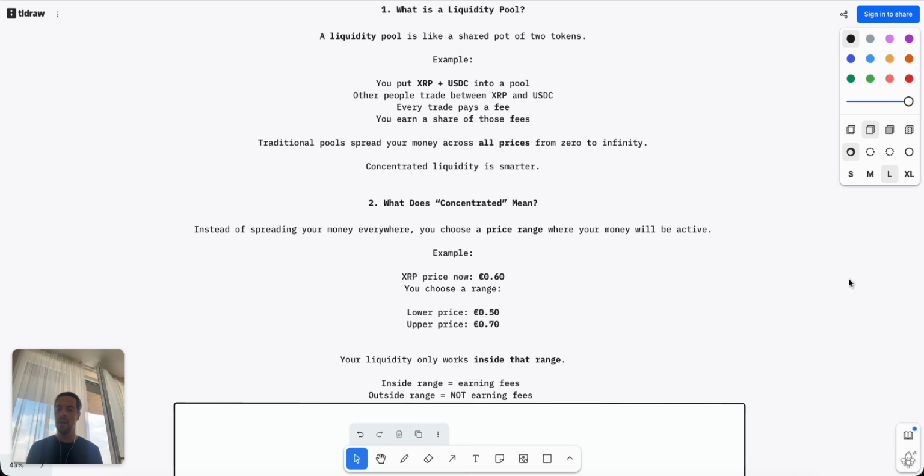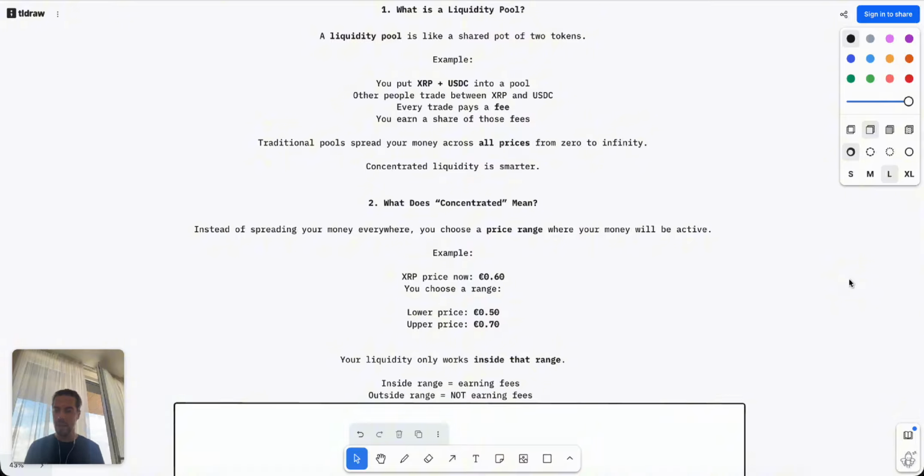For example, if XRP right now costs 60 cents, in euros, dollars, pounds, doesn't matter, and you choose a range of, let's say, 50 cents to 70 cents, your liquidity, your money, only works inside that range.